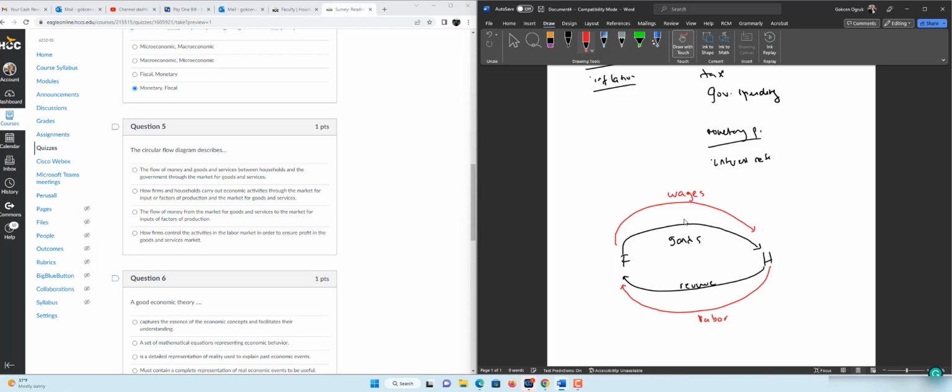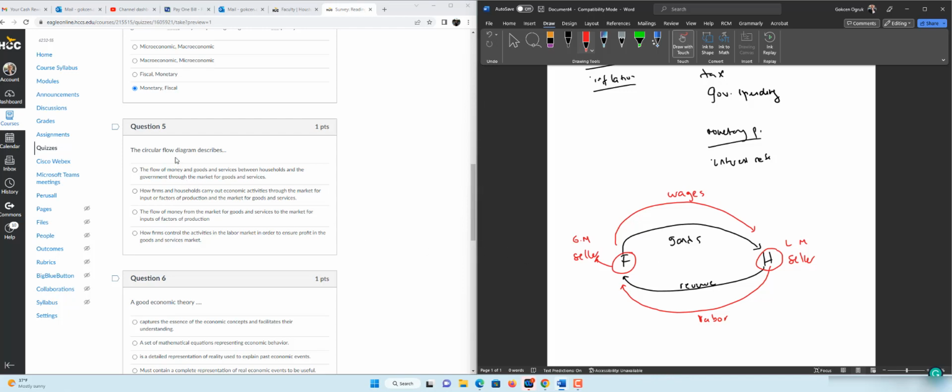So we have the goods market and the market for labor, or resources. In the labor market, households are sellers. In the goods market, firms are sellers and households are buyers, buying goods and services. And firms are buyers in the labor market because they are buying labor services.